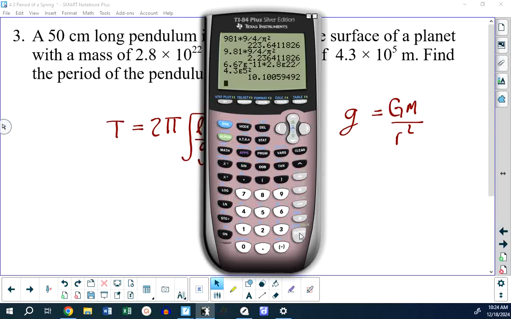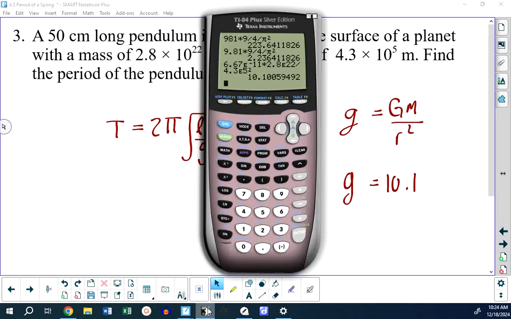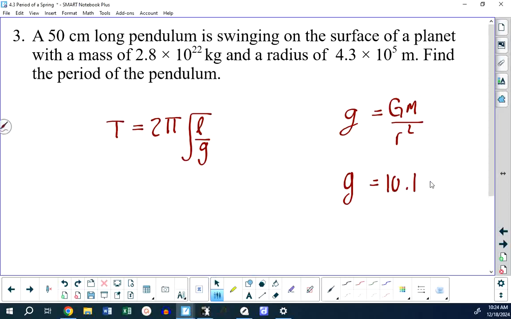If I use this as a multiple choice exam question, there would be one answer that would be the correct answer and another one that would be very close to the correct answer for the person who used 9.81. But they would be different. So this is g. Little g is 10.1 meters per second squared, newtons per kilogram, whatever set of units you feel comfortable with.